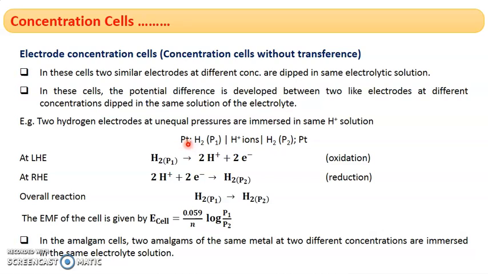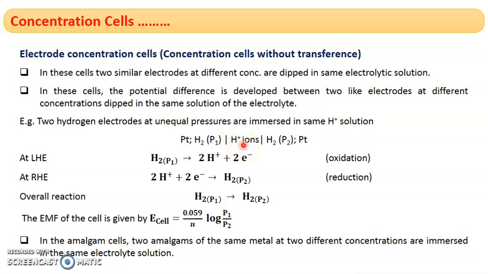So platinum, then we have hydrogen at P1 pressure. We are discussing electrode concentration cells, so hydrogen electrodes are at different pressures. The anode is at P1 pressure, hydrogen gas at P1 pressure, dipped in a single electrolyte here.